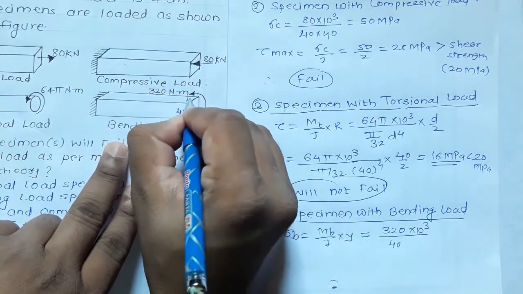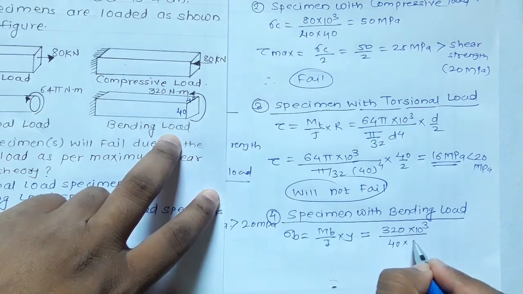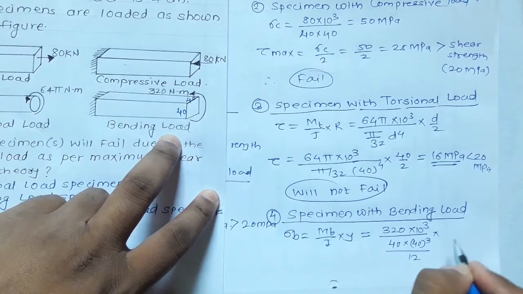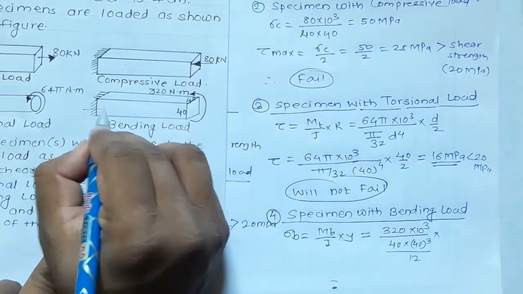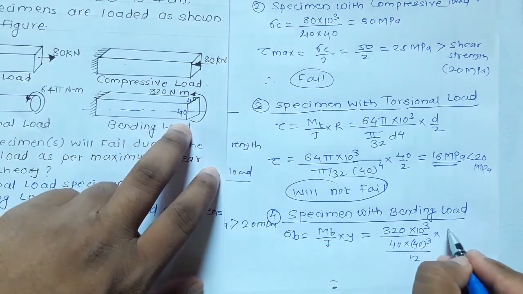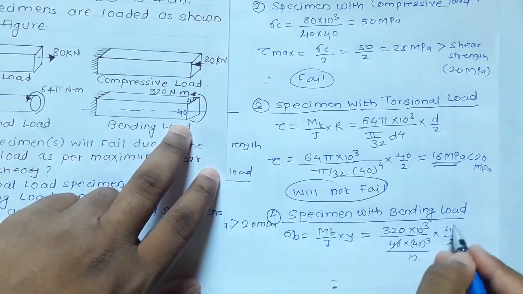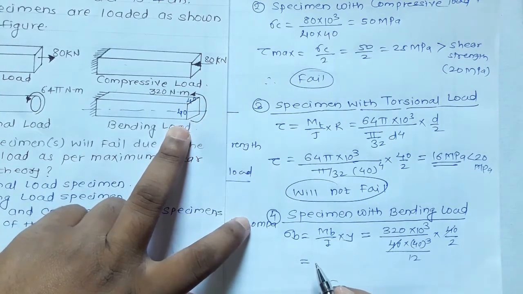Both the dimensions are 40 mm, so b is 40 and d is also 40, upon 12 into y. Y is again distance from neutral axis, so it is half of d, that is 40 upon 2. If you simplify this, you will get the value of bending stress as 30 megapascal.